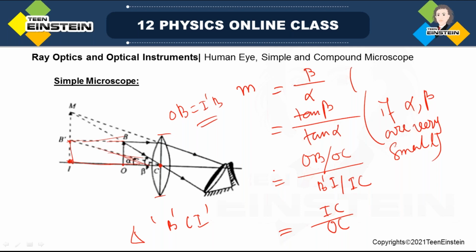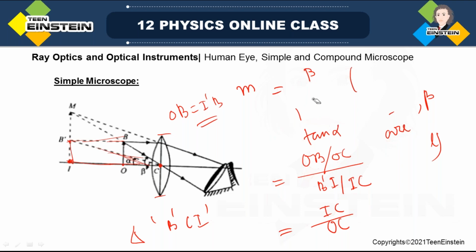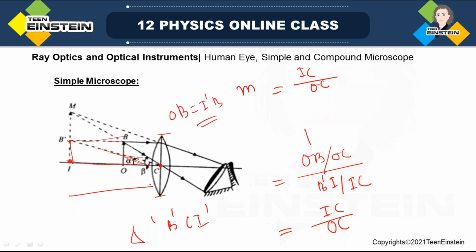So what we have got from this figure is magnification equals IC by OC. Look, IC means this distance.